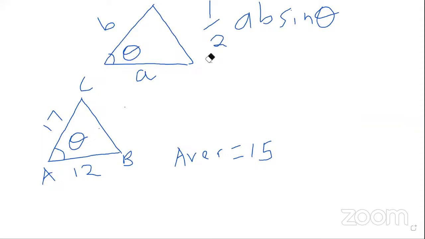Now let's look at the formula that is on the screen. We have a half AB sine theta. We said theta is the angle that is in between the two given sides. Does what we have on the screen look like our question? Yes.